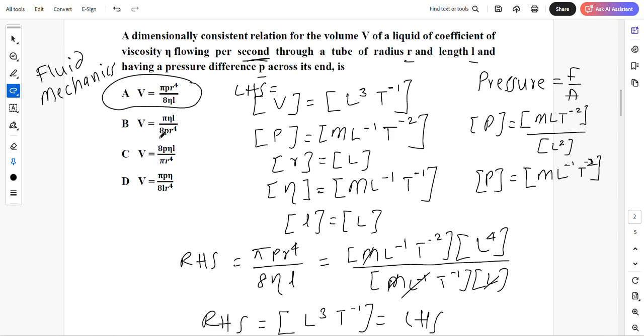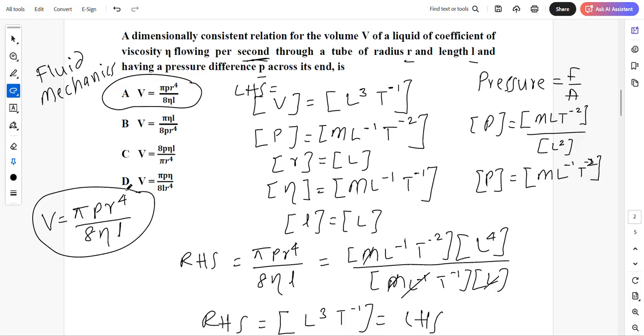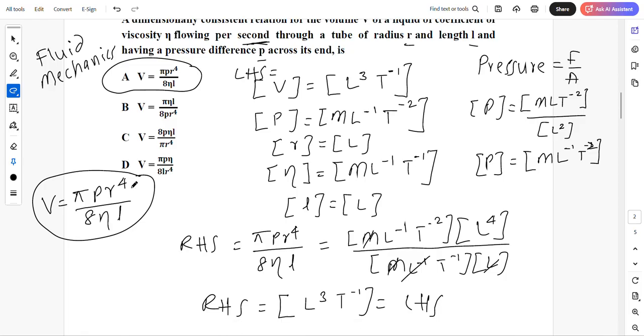This relation V is equal to pi P r to the power of 4 by 8 eta L, directly you can remember, this is called Poiseuille's formula. V is equal to pi P r to the power 4 divided by 8 eta L.